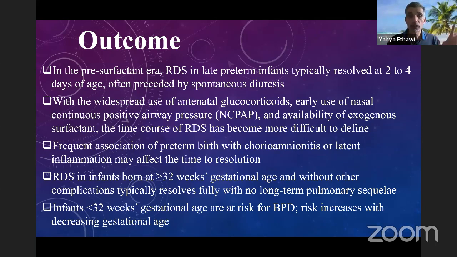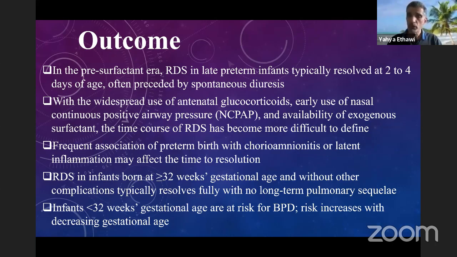Outcome: we are in the post-surfactant era. RDS usually resolves within 2 to 4 days if the child survives, and that is usually preceded by a stage of what we call spontaneous diuresis.